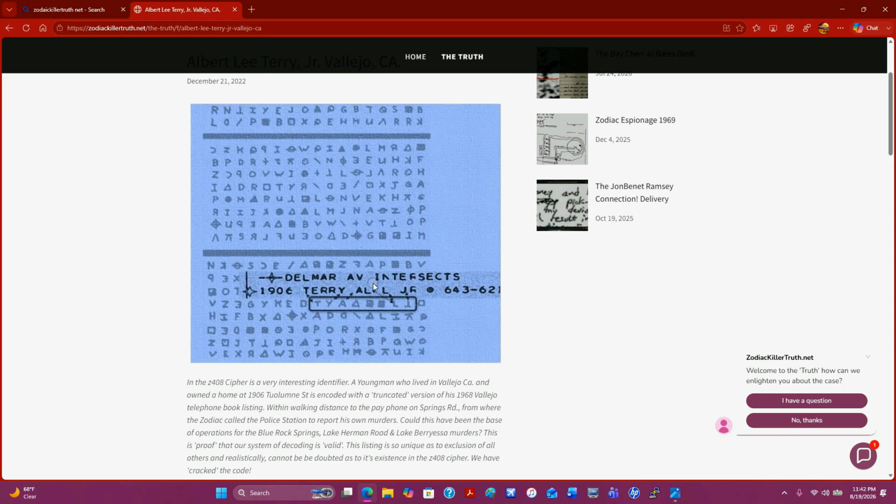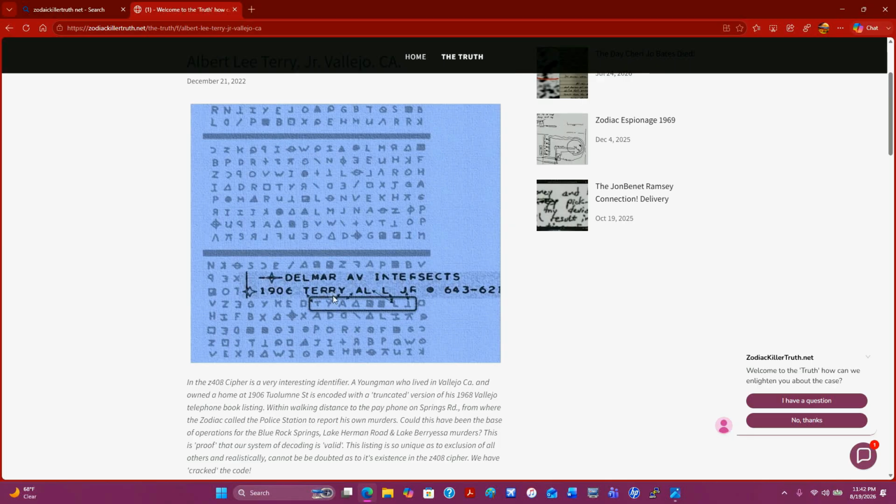And the corner of Delmar Avenue, which was right down the street from the phone booth that Zodiac called and left the phone off the hook, right? When he called the police to report a murder or a double murder, right? This address was right up the street and matches the timelines that were approximated to a T.